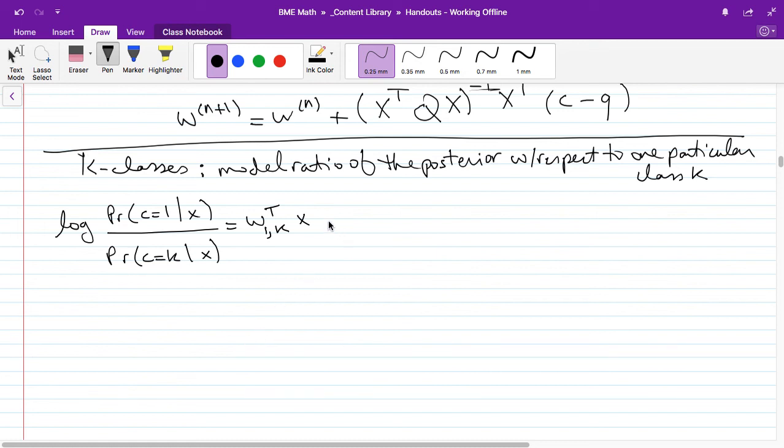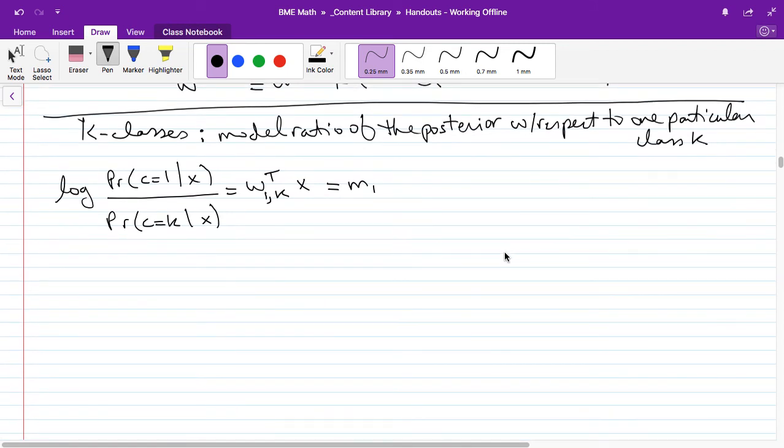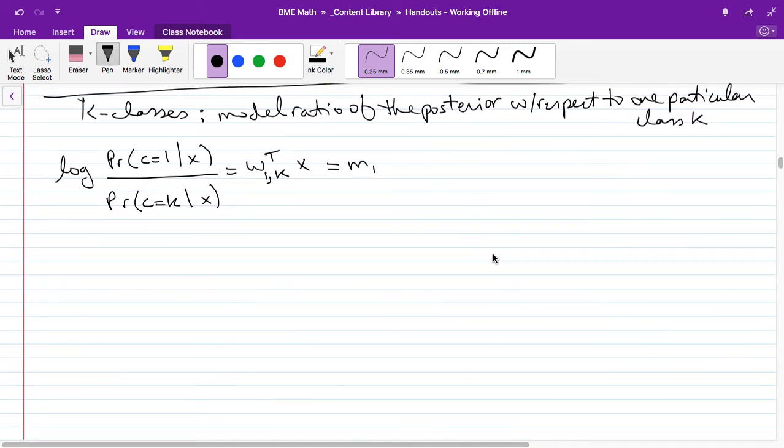And let me call this m1, which is basically saying that for the ratio of the posterior probabilities, I'm going to have some number, which I'll call m1, the ratio between class 1 and class K. I want to show you the derivation that tells us how to compute, for any particular class, its posterior probability if you have K classes.